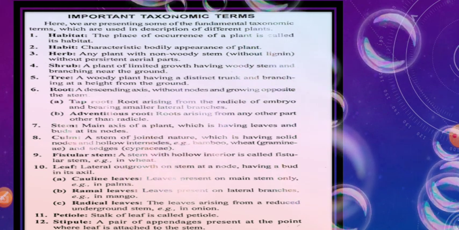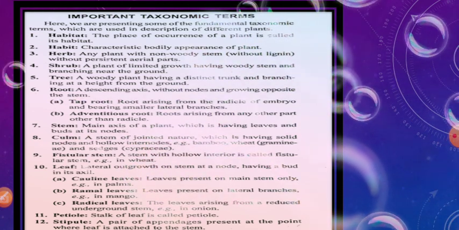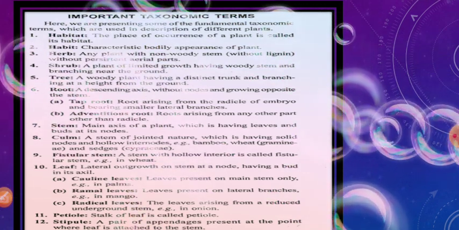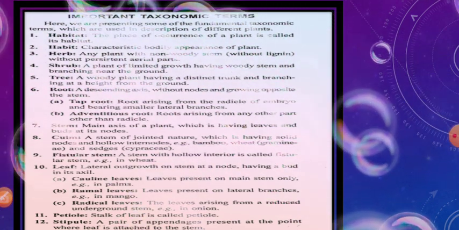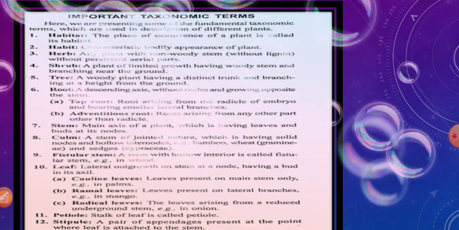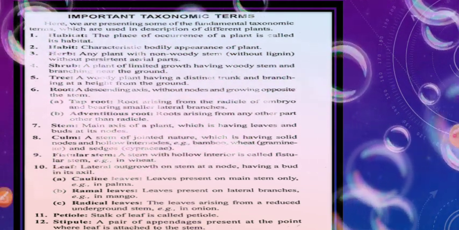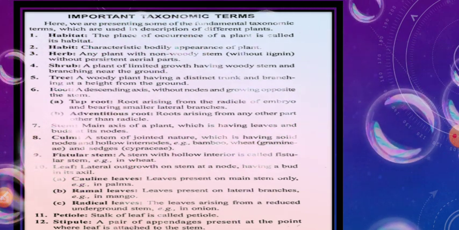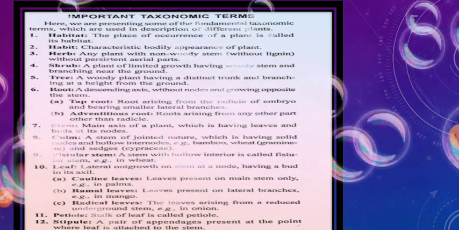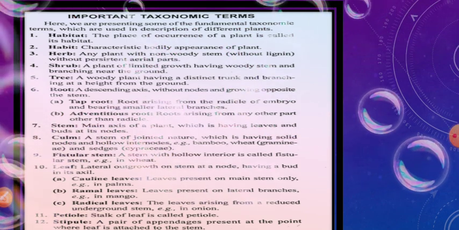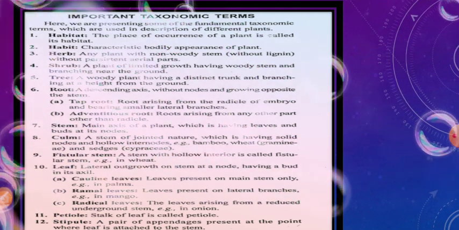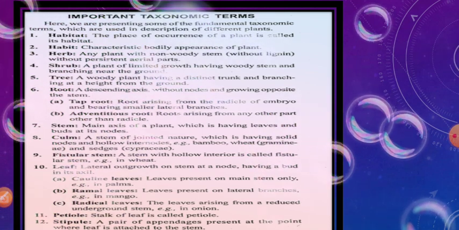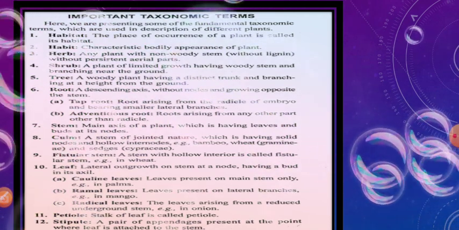Stem means the main axis of the plant, having leaves and buds at its nodes. Then there is the stem of jointed nature, having solid nodes and hollow internodes. In the bamboo plant, the stem is jointed in nature.